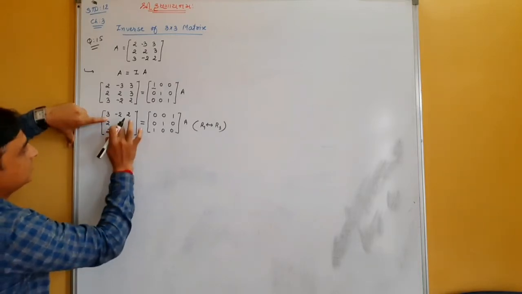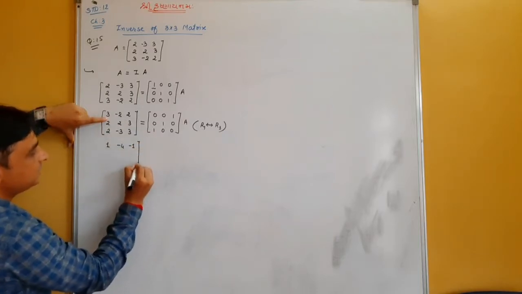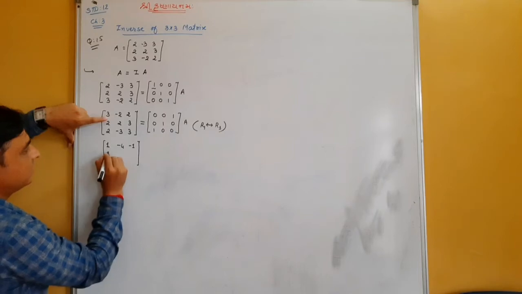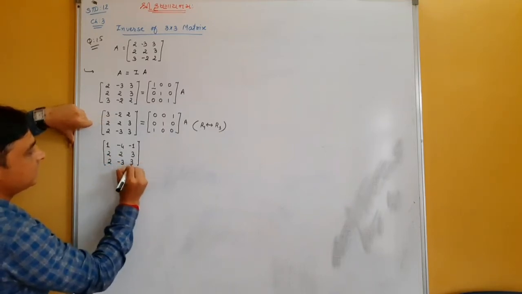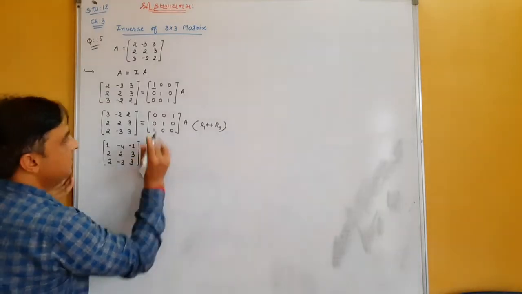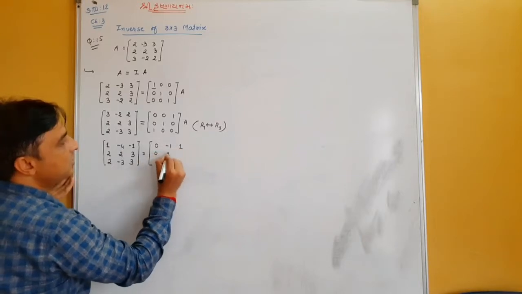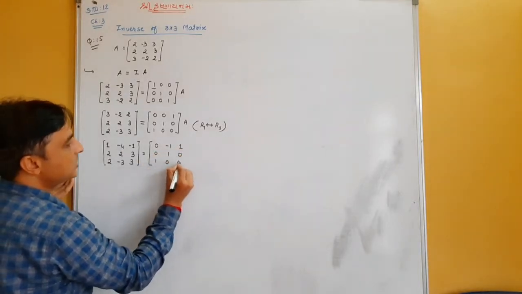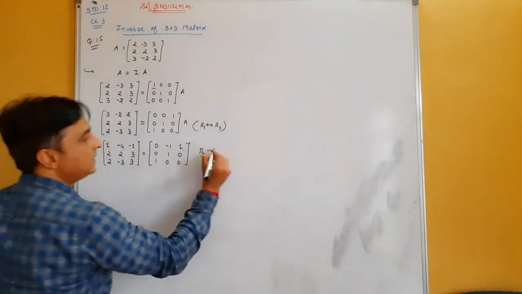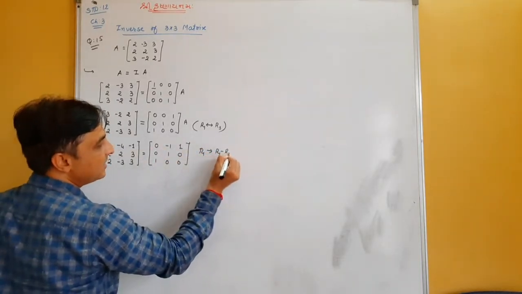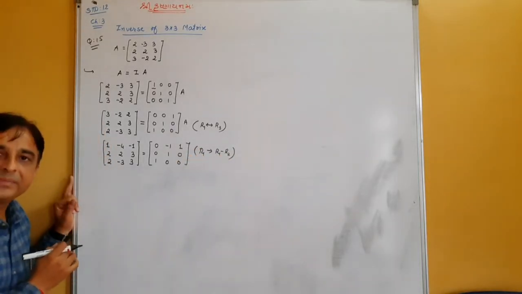So we have 1 minus 4 and minus 1, 2 2 3, 2 minus 3 3, and 0 minus 1 1, 0 1 0, 1 0 0. What we did in R1: R1 minus R2. Now we have a 1 here.